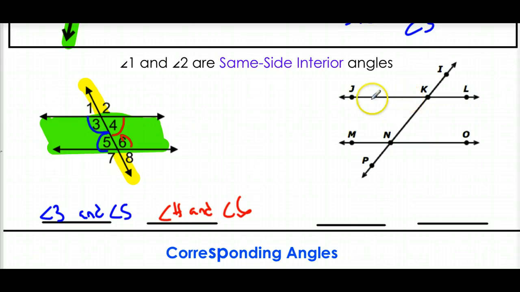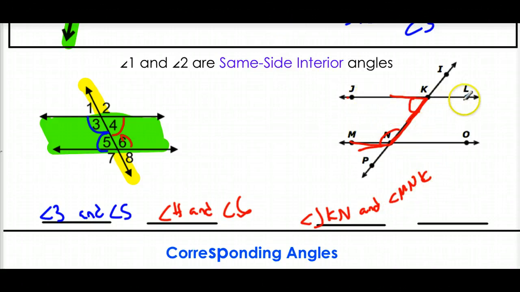Same side interior. We got this angle, angle JKN, and also MNK, right? This angle and this angle are on the same side and on the interior, angle MNK.